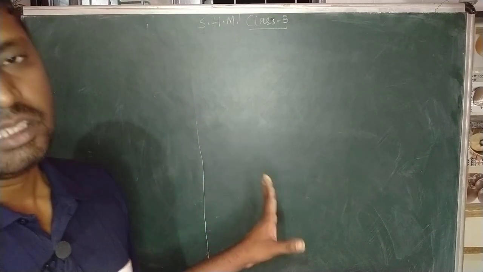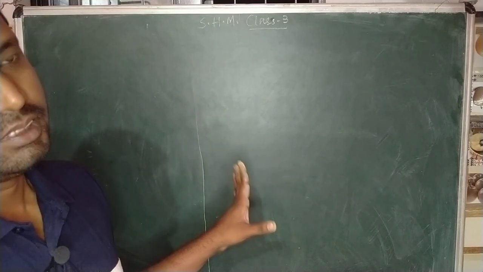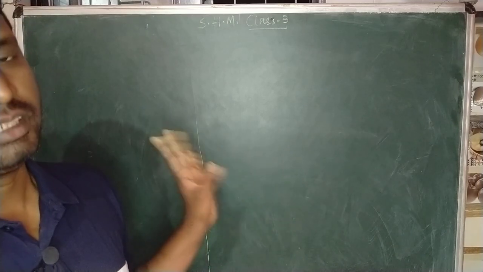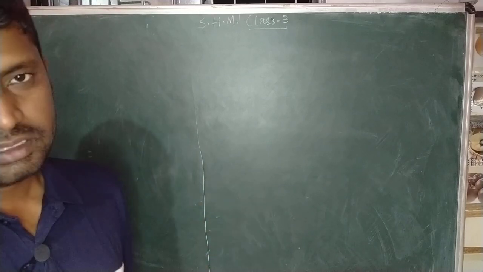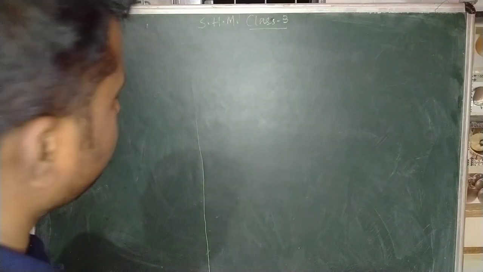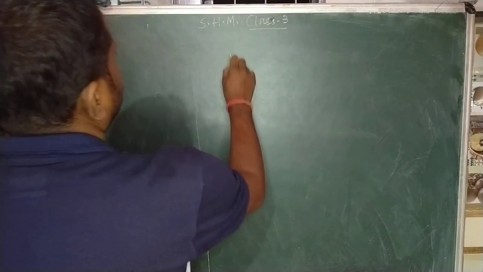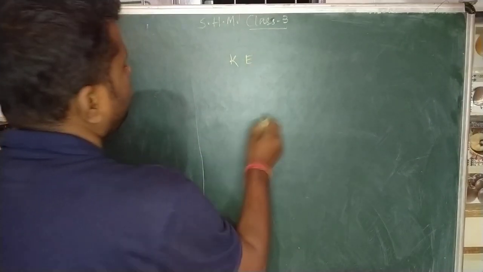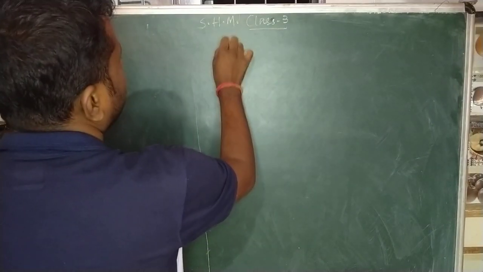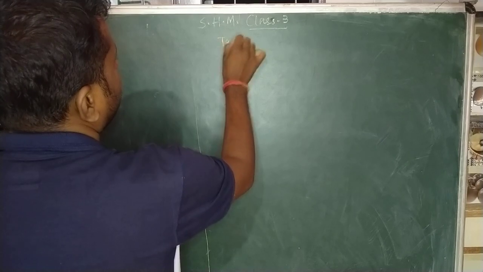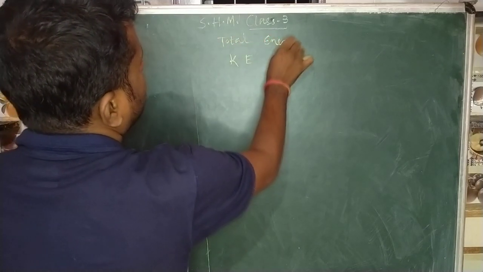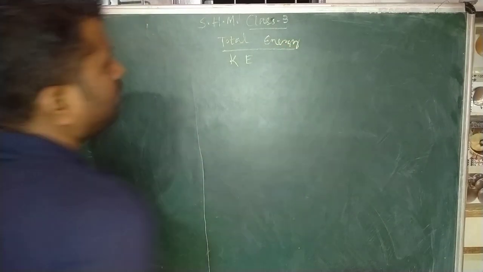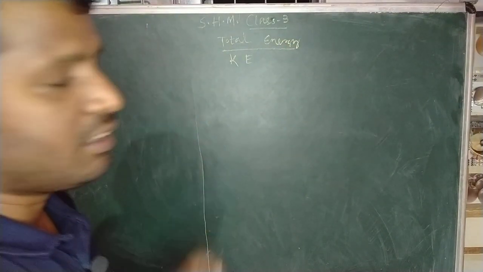When they execute simple harmonic motion, they must have mechanical energy, that means both potential energy and kinetic energy. This is our mechanical energy, total energy. We are going to find out this total energy.